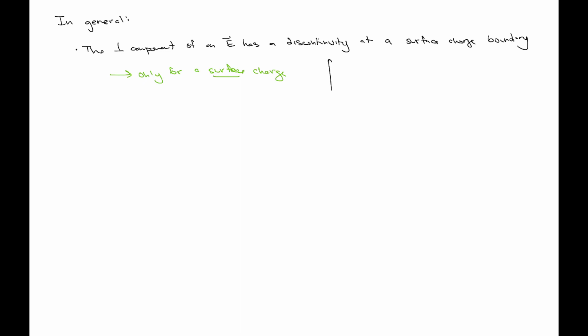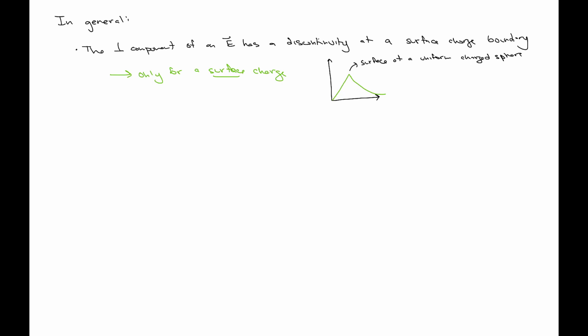if I had a uniform charged sphere, okay, the electric field would look something like this, where this is the surface of a uniform charged sphere. Okay, this line actually isn't discontinuous because if I approach this point from either side, both of these functions are approaching the same value.